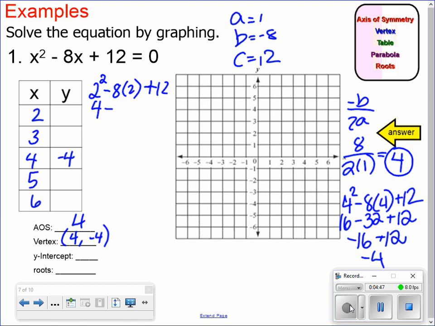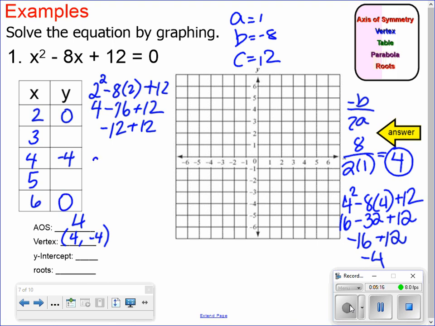That's 4 minus 16 plus 12. That would be negative 12 plus 12. That's 0. It should open up, so remember that because a is positive. It's positive x squared, so when I'm graphing it, make sure that it opens up. That also means 6 is 0.